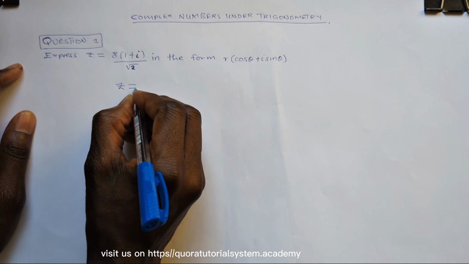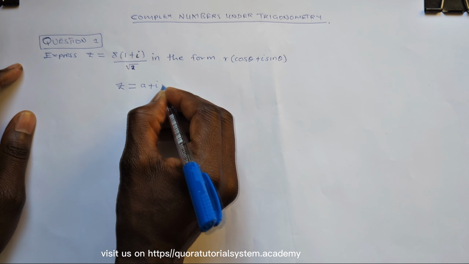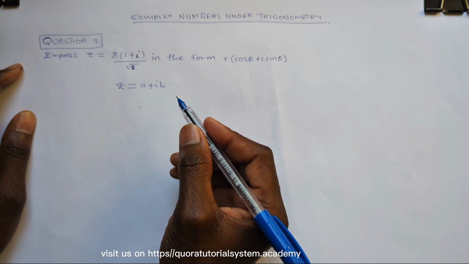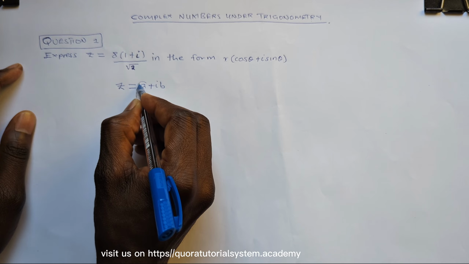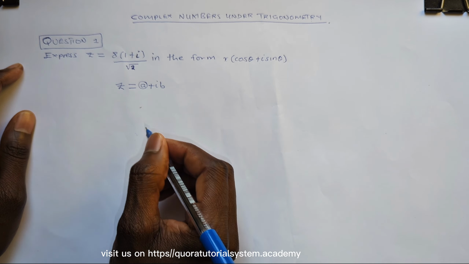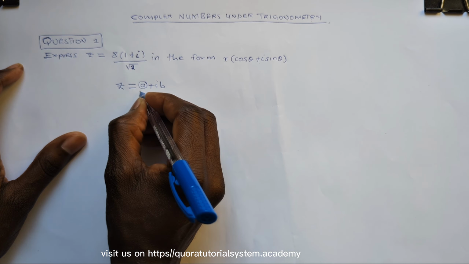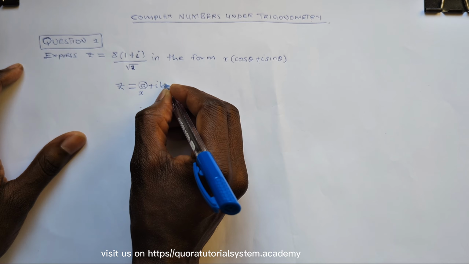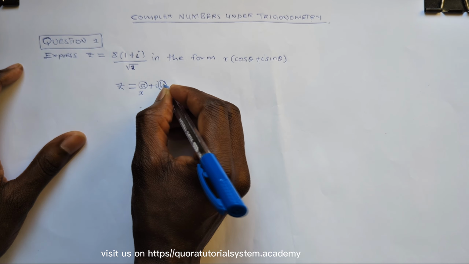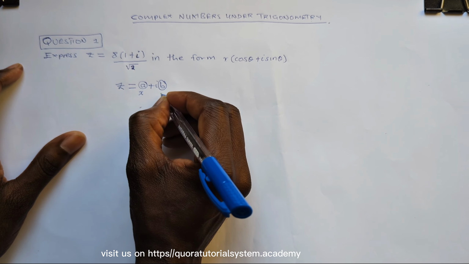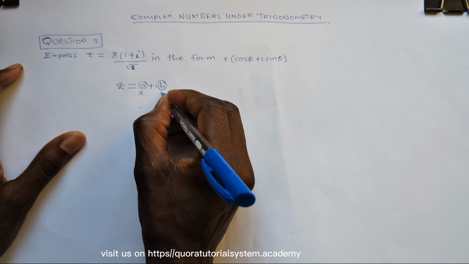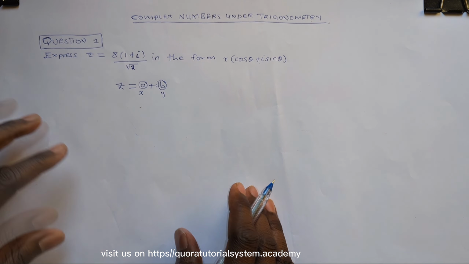For instance, we always consider this as the real part, which is going to be my x. The part which is here, I normally take as the imaginary part together with an i. So we take this one to be our y.